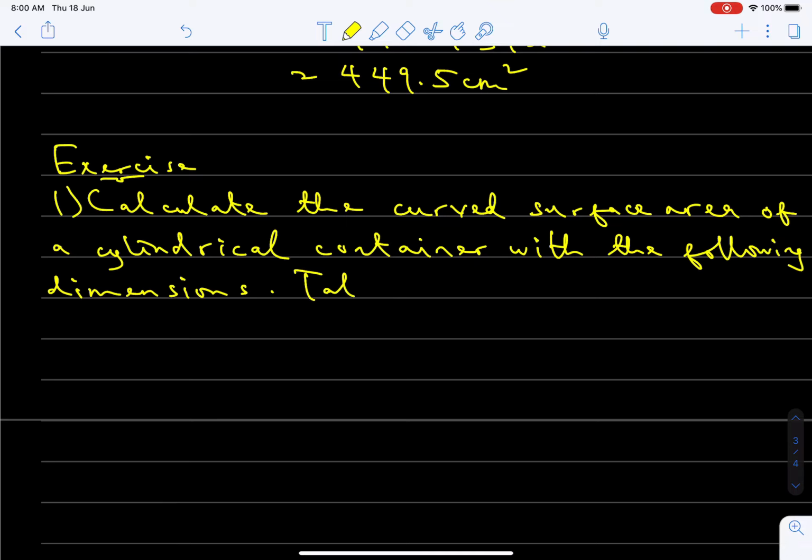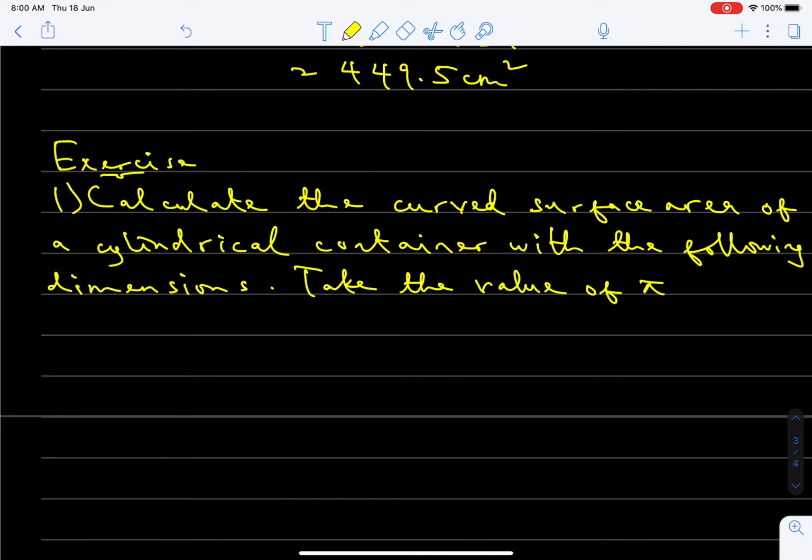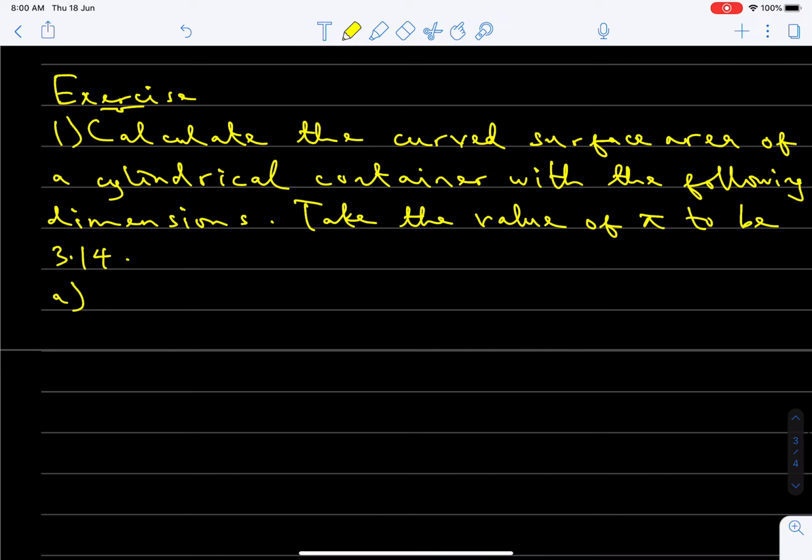Take the value of pi to be 3.14 most of the time. In fact, every time they give you what to use as pi.